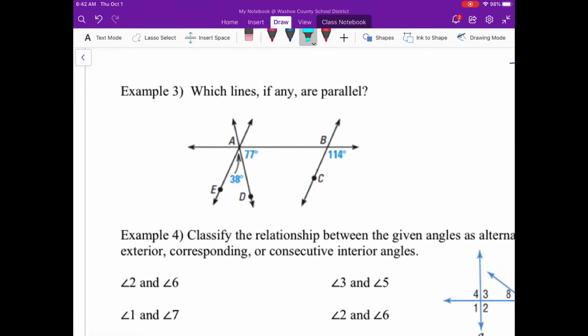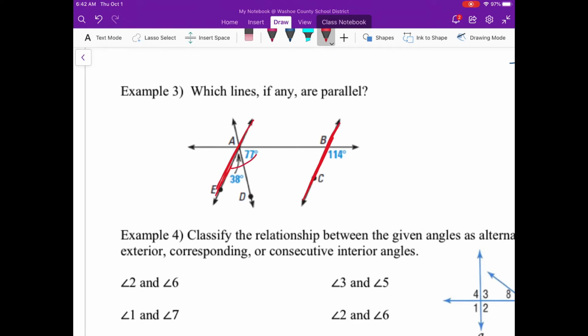Okay, which lines, if any, are parallel for example 3? In order for lines to be parallel, all these theorems and postulates that we talked about need to be true. I'm assuming these are the ones that look like parallel lines in the whole picture. These are the only set of lines that look like they're parallel.